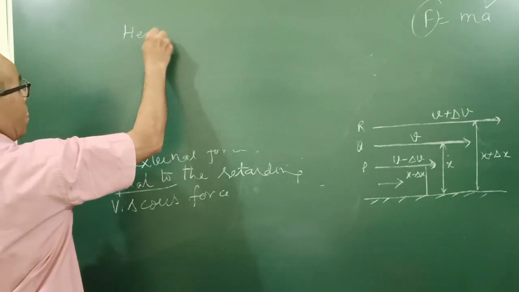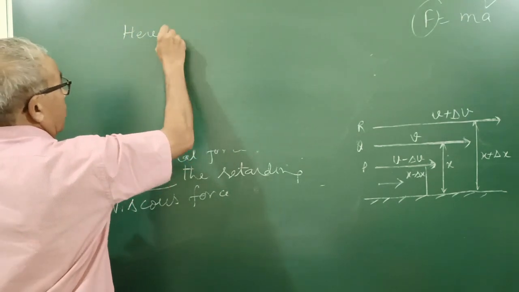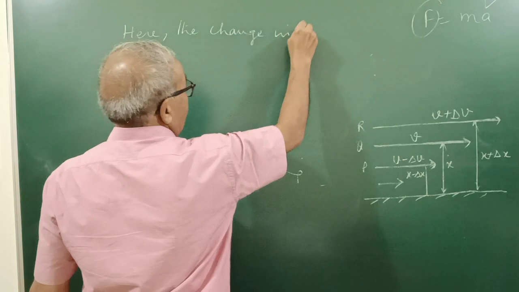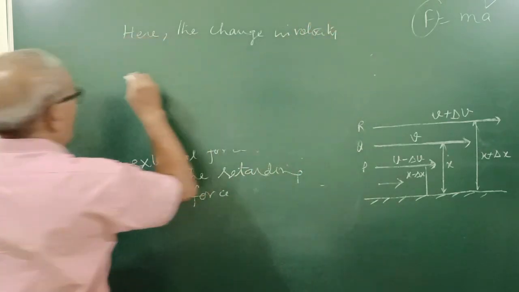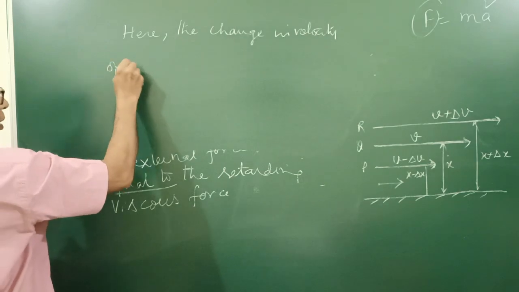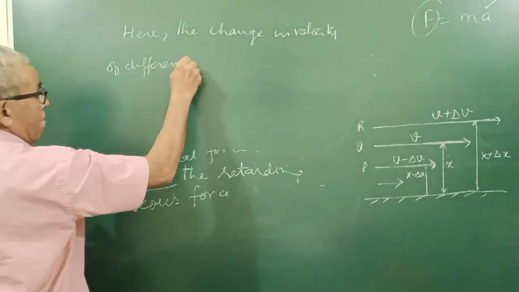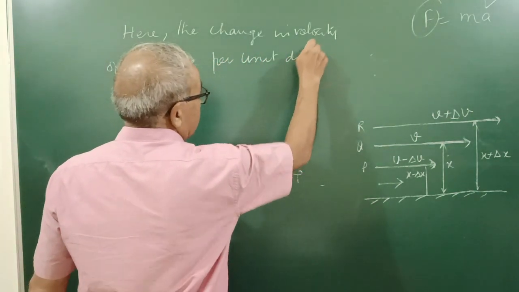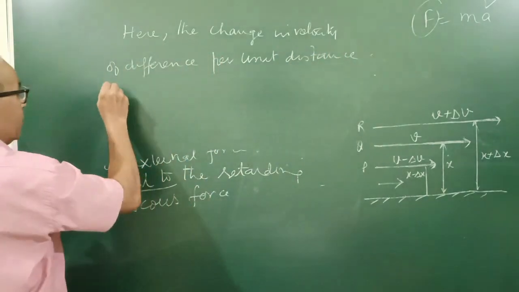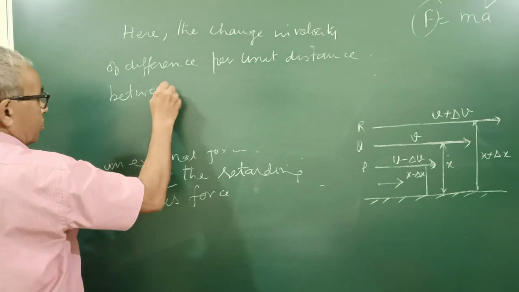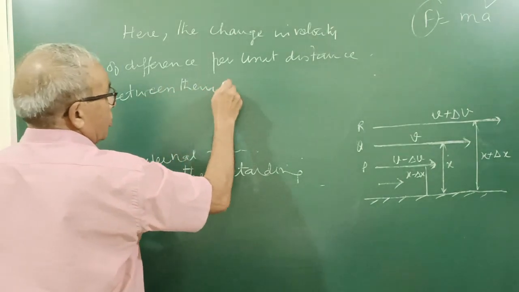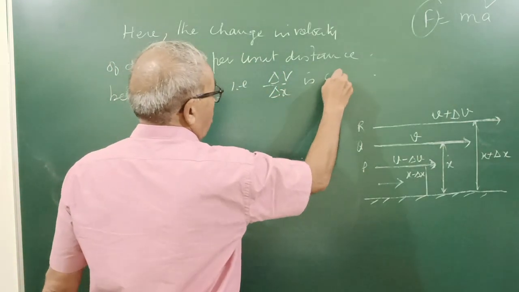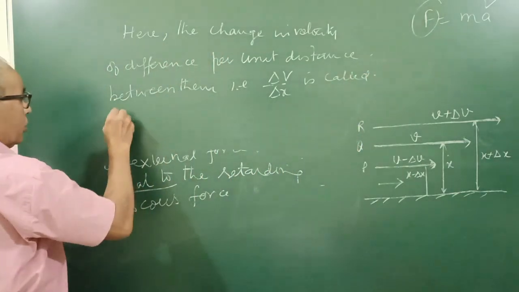Here the change in velocity of different layers per unit distance between them, that is delta V upon delta x, is called velocity gradient.